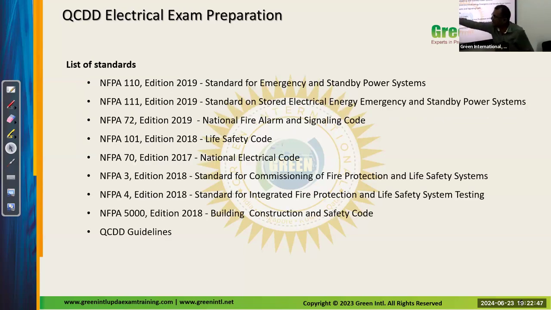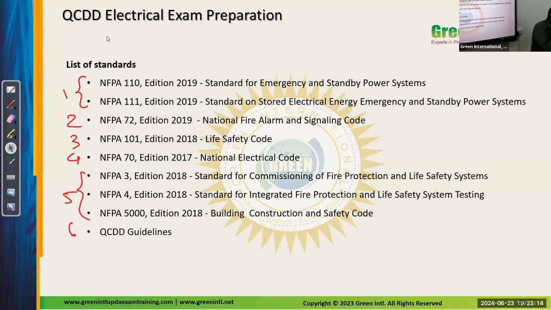The second mock exam is for 72. In this way, we have different mock exams: 1, 2, 3, 4, 5, 6. So you can take them standard-wise as well as based on the exam pattern.